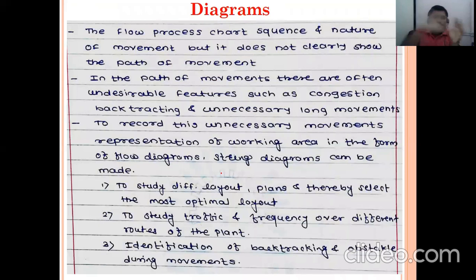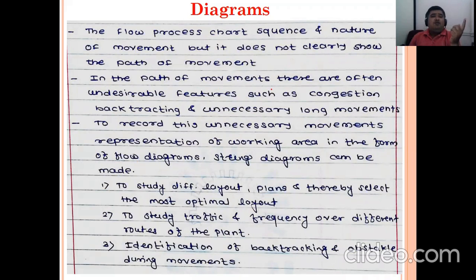In the shop floor layout of the company, where the store department is, where the inspection department is, from which corner to which corner we should go, that is not shown. There just an arrow is shown. So the path of movement is not shown in the flow process chart.